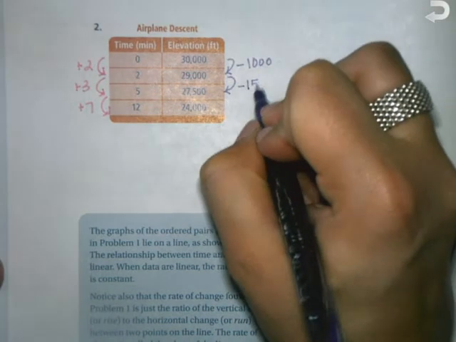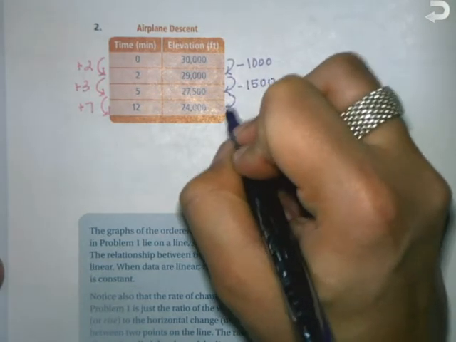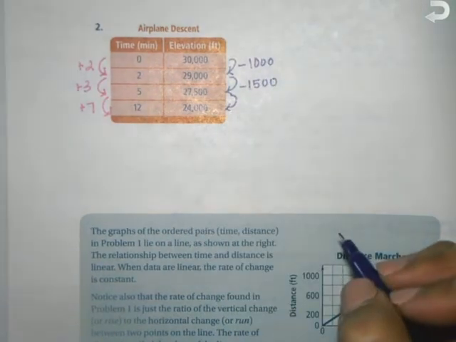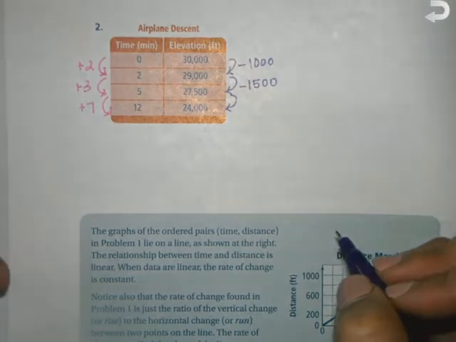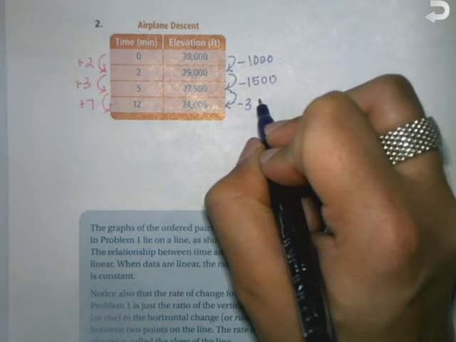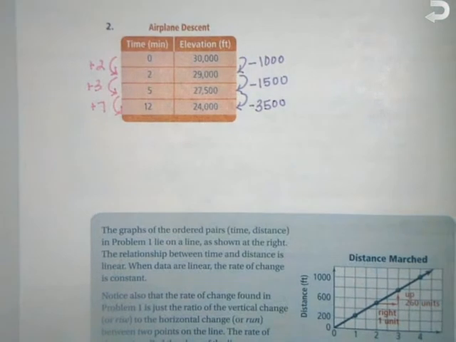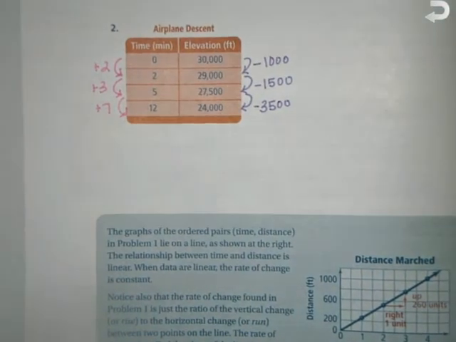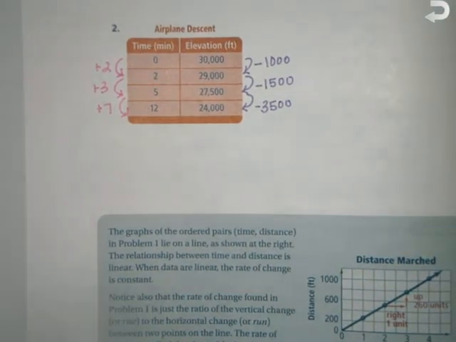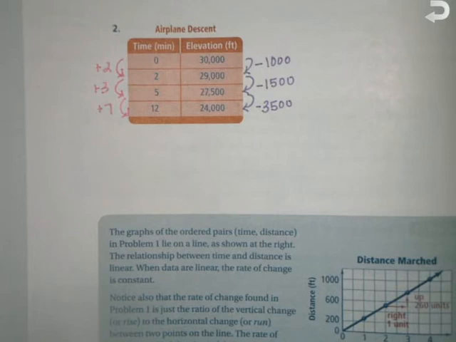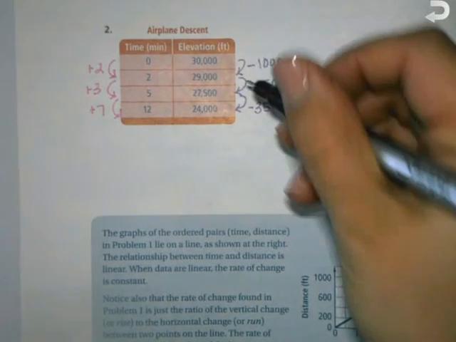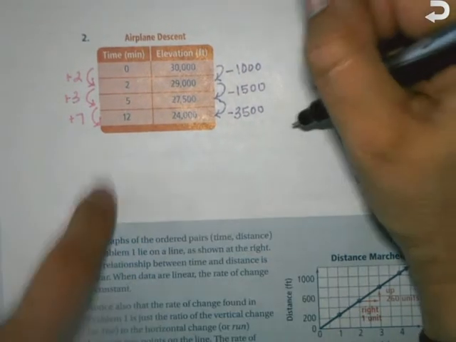Negative 1,500. And then from 27,500 to 24,000? Negative 3,500. Okay. So then how can we determine if our rate of change is constant? We look at each average rate of change between each line in the table. So we're going to end up doing this 3 times.